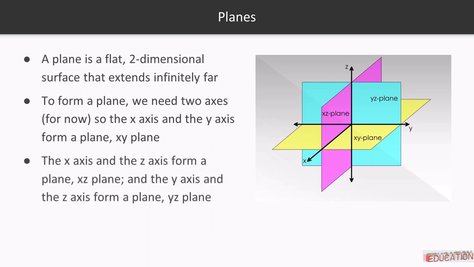By the same logic, we can look at the y-axis and the z-axis, and between them we can form what we call the yz plane, and it has the same properties as the xy plane. But notice that it's perpendicular to the xy plane. And finally, if we have a look at the z-axis and at the x-axis, we can form the xz plane between them.